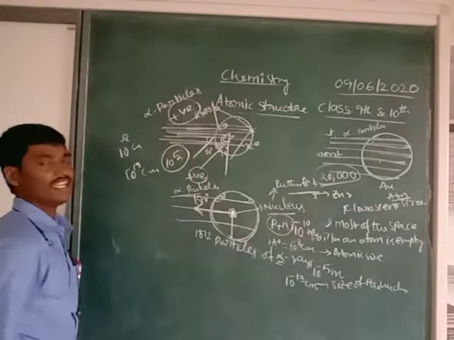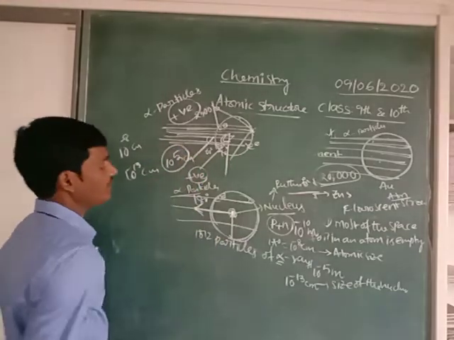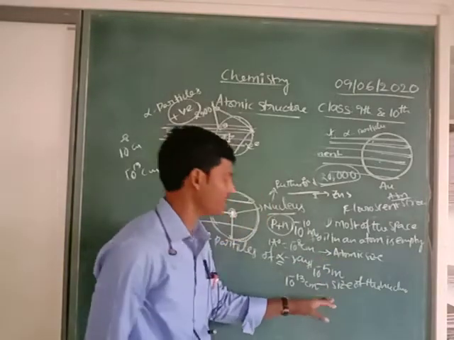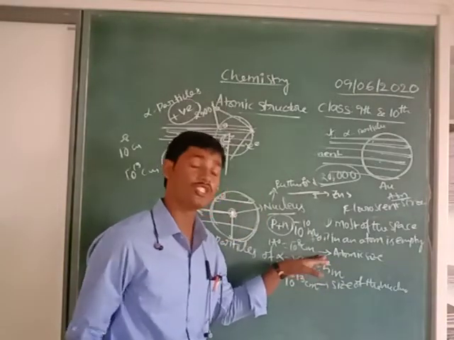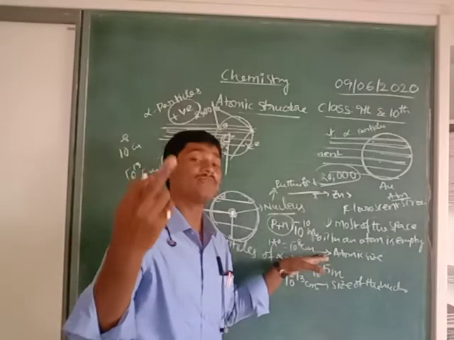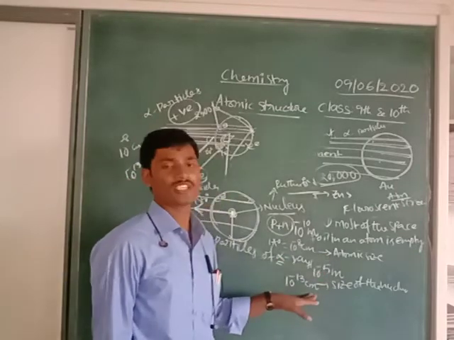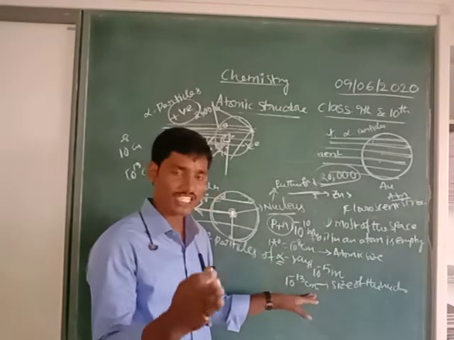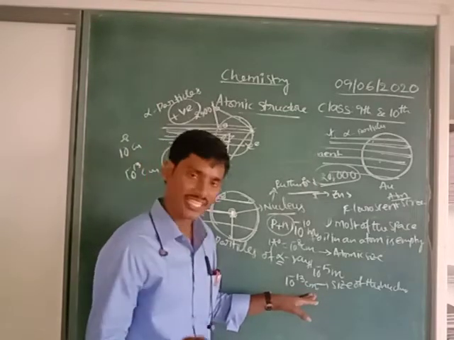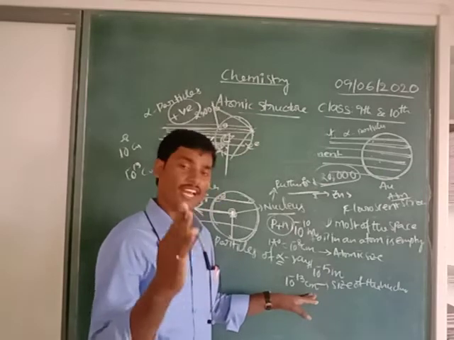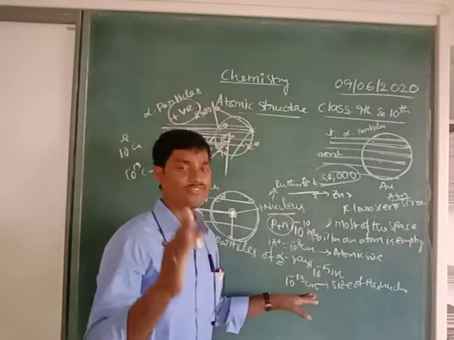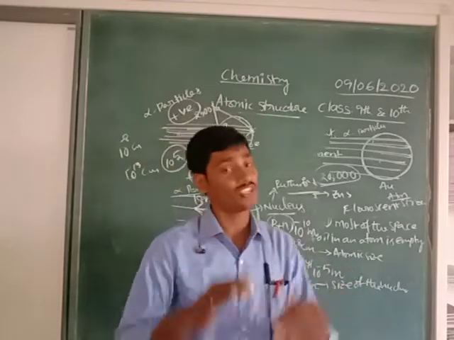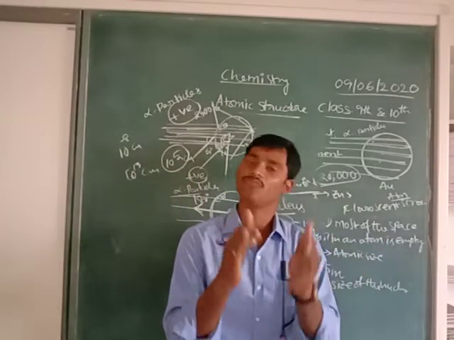So the size of the atom is 10 to the power of 5 times greater than the size of the nucleus. Based on that, we conclude that the size of the atom is much more than the size of the nucleus.